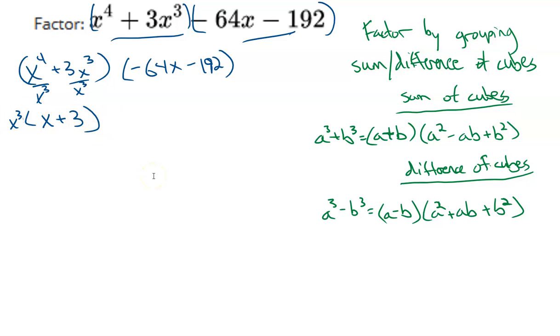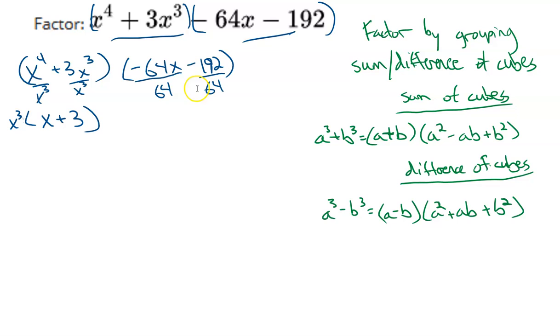Now, if I do this correctly, what I pull out of this one right here is going to leave x plus 3 on the inside because it has to match. These two have to match to do the grouping correctly. So I need to divide these by 64 for sure. They both divide by 64.